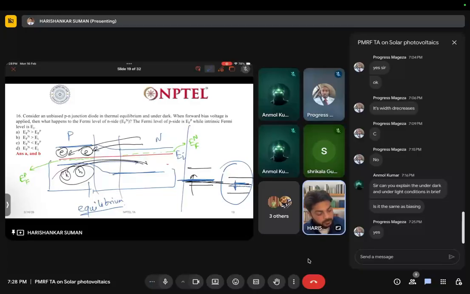Let's say this is the new Fermi level, and they are not at the same levels, because our p-n junction is not at the equilibrium point. Clear up to that point?